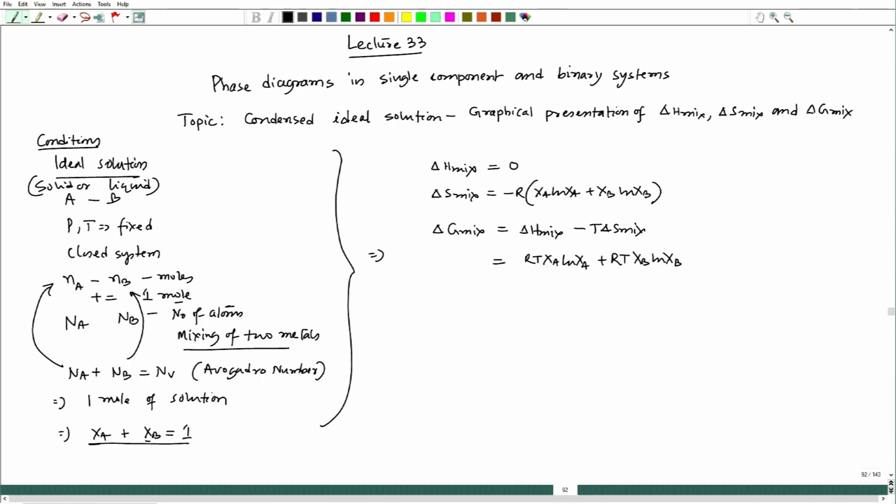Okay. So, these are the quantities we have to see graphically.